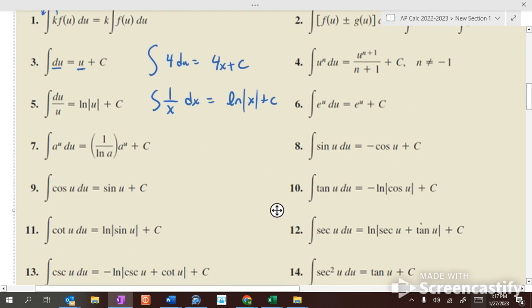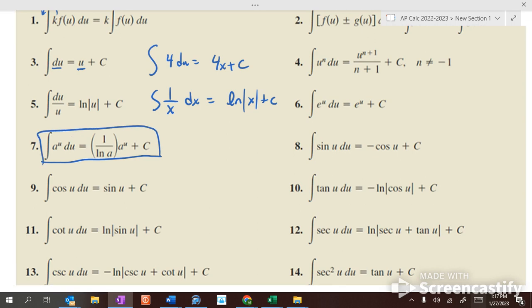One we haven't seen much, but since we have a derivative that goes with it, we have an integral that goes there. A number to a power: the integral of a number to a power is 1 over the natural log of that number.